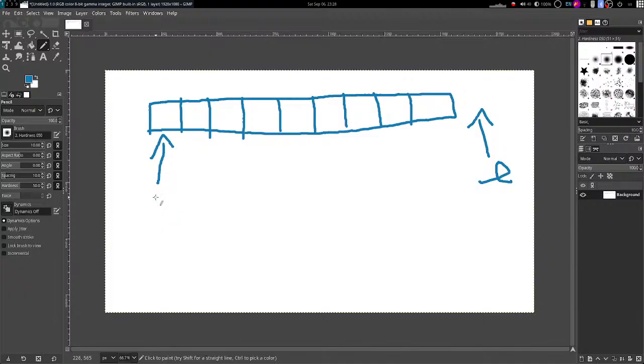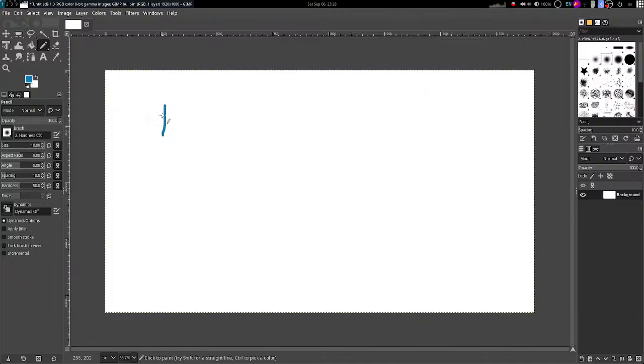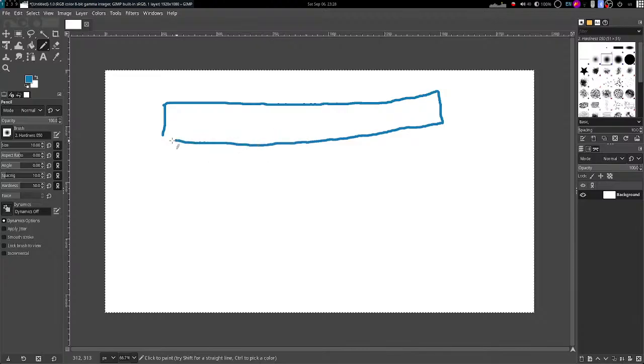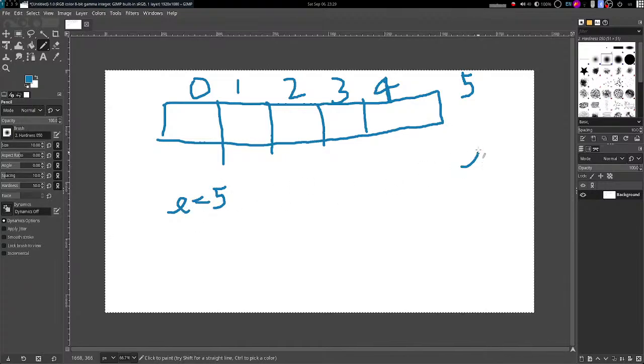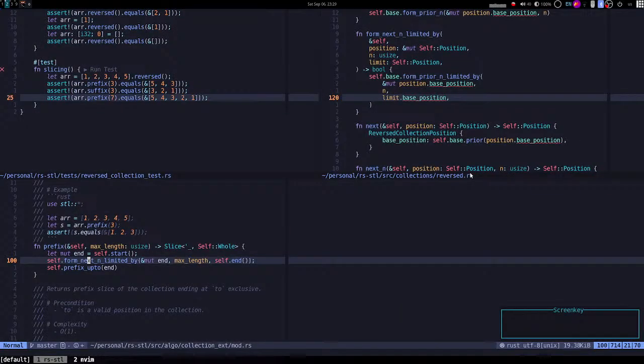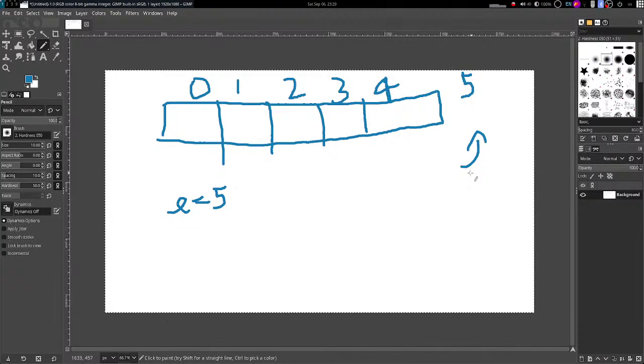Okay, let me draw like this. I have 0 1 2 3 4, right? And this is the fifth position. E is basically 5, which is there. Now form next n limited by end, and max length is 7 for us.